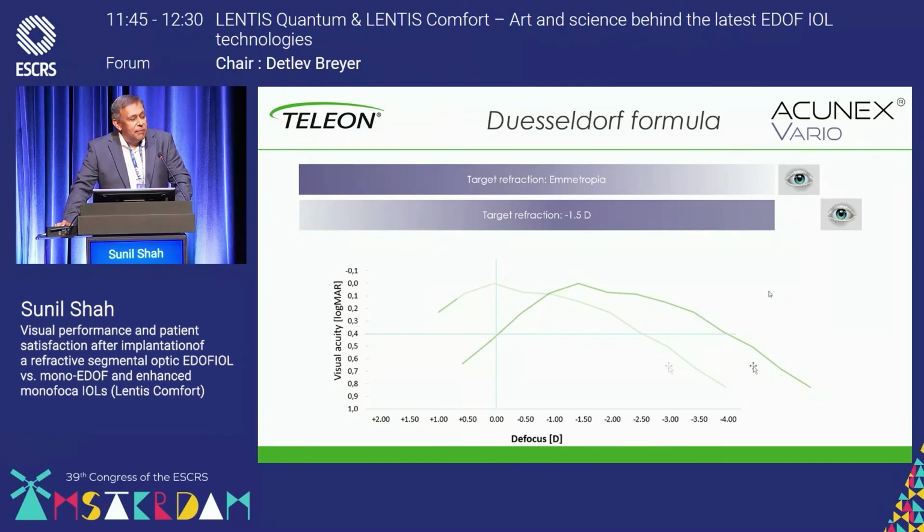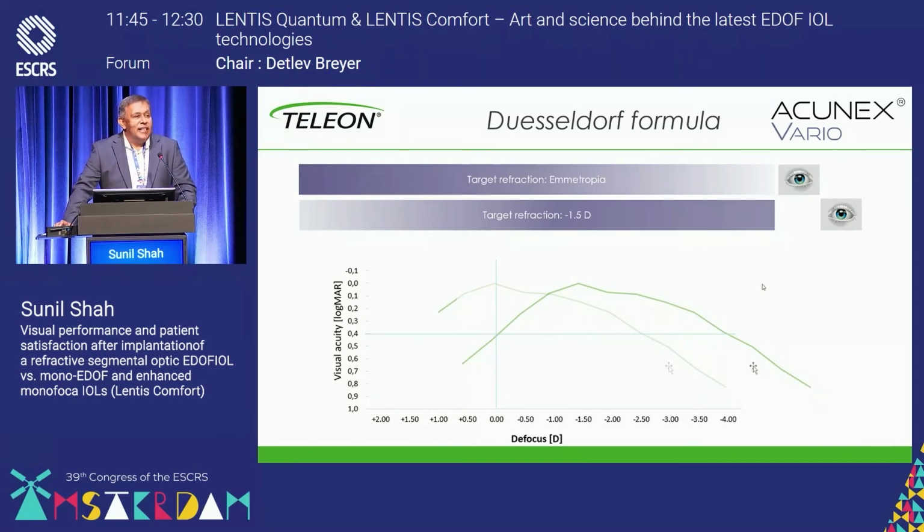And you've already heard about a Düsseldorf formula, which Detlev has spearheaded, and I lost track of how many thousand patients you've done with this technique. I think very many thousand by now. 5,000, okay. So you can't do 5,000 eyes without this working really well.